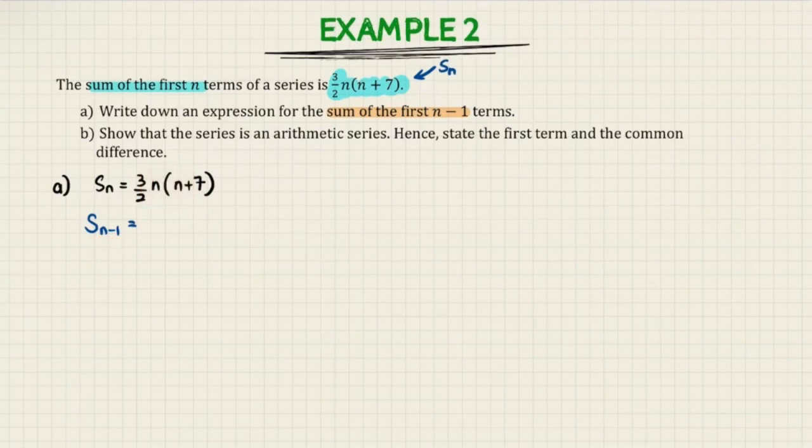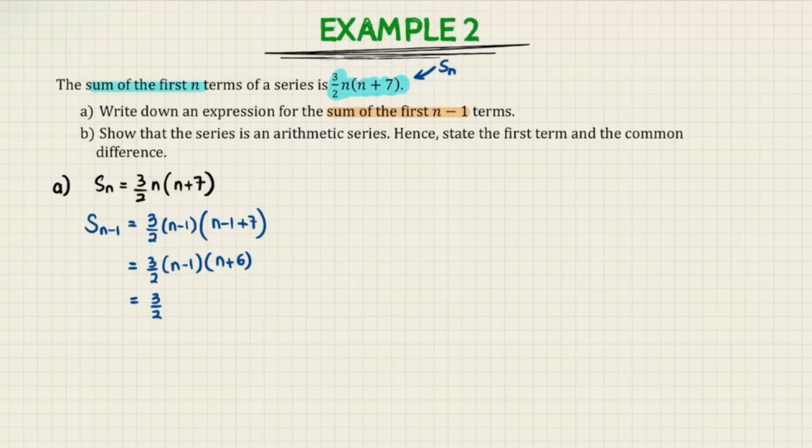Itu sahaja. So 3/2, n kita gantikan dengan n minus 1, dan seterusnya n ini pun n minus 1 plus 7. And then simplify. So simplify kita dapat 3/2 n tolak 1 darabkan dengan negatif 1 tambah 7 adalah positif 6. Dan kemudian expand lah 3/2.